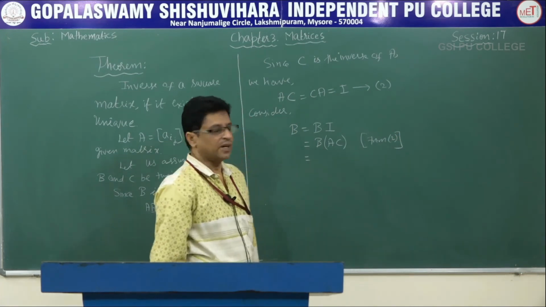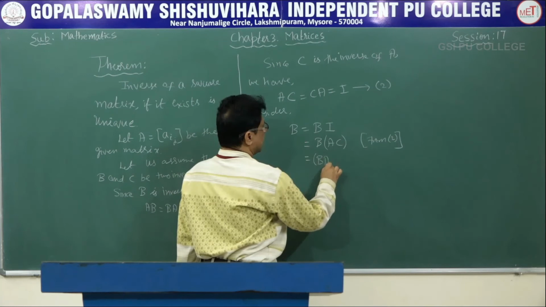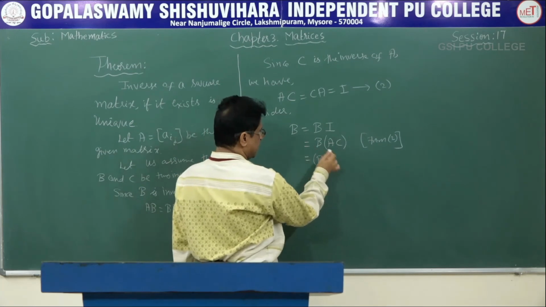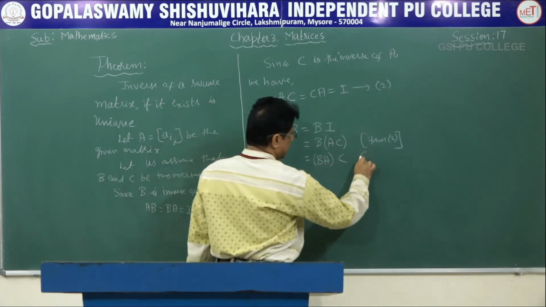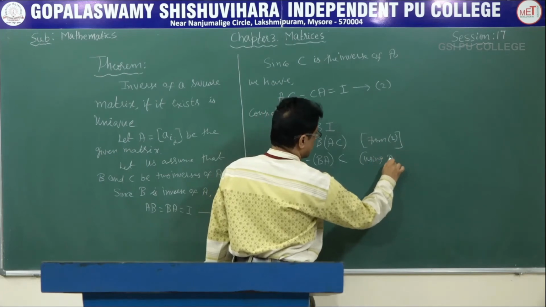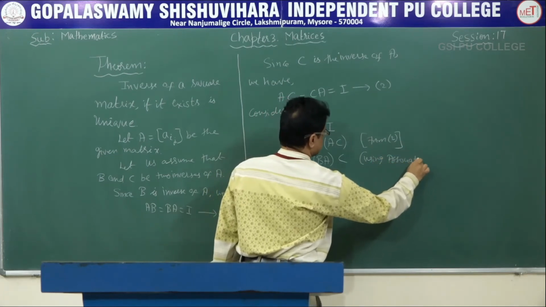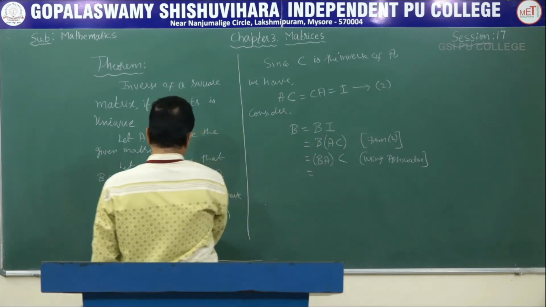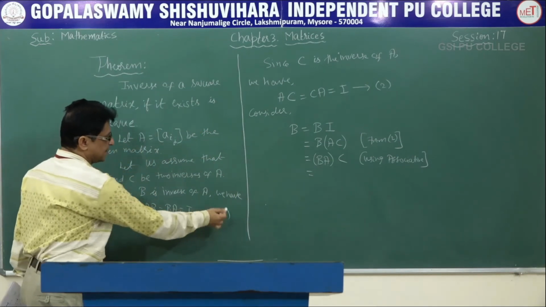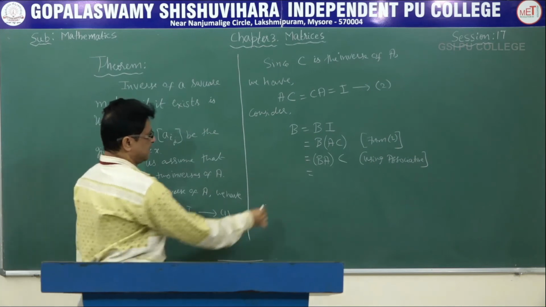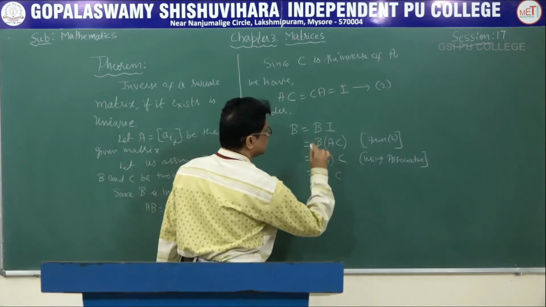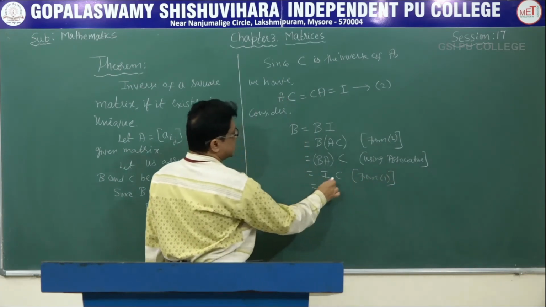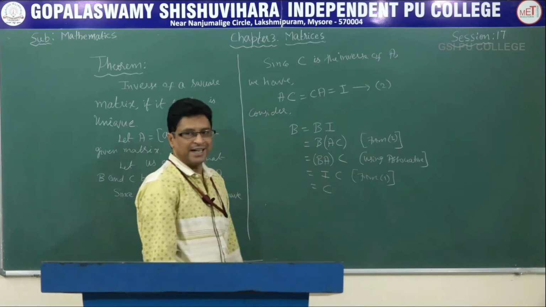By using the associative law, we get BA into C. This is using associative. So here B into A is nothing but I. That is from equation 1. So I into C is C, because I is identity matrix.